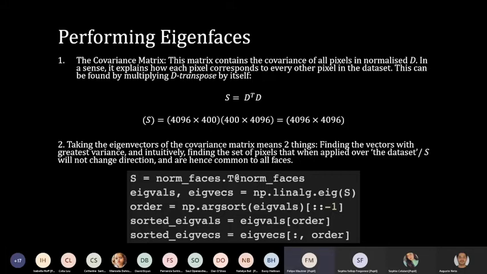And then what we do is we take the eigenvectors of the covariance matrix. Now, what does this mean? Well, first of all, the eigenvectors sorted by eigenvalue from biggest eigenvalue, if you think of how the eigenvectors are the vectors that aren't affected in direction by the original matrix, then they show the directions of most variance in the data set as we're looking at the covariance matrix.